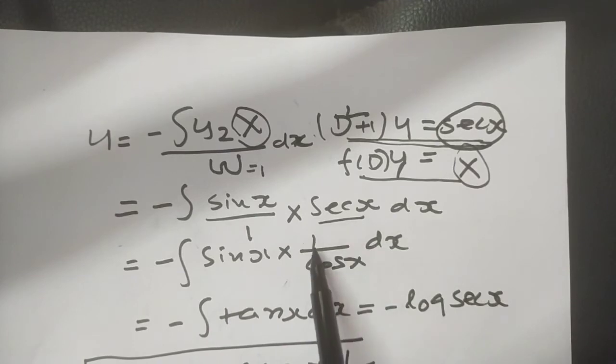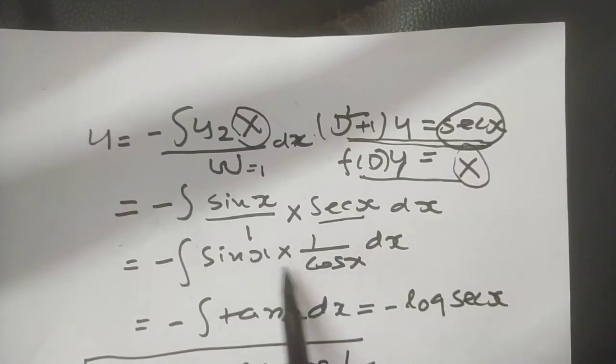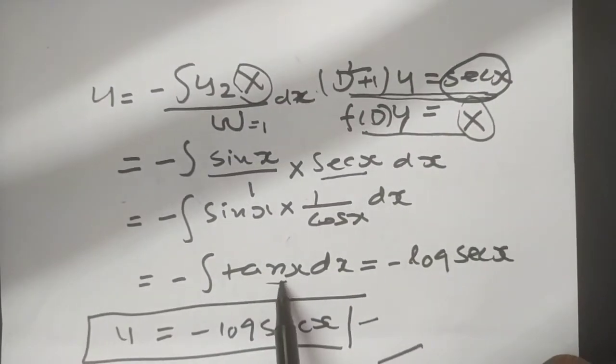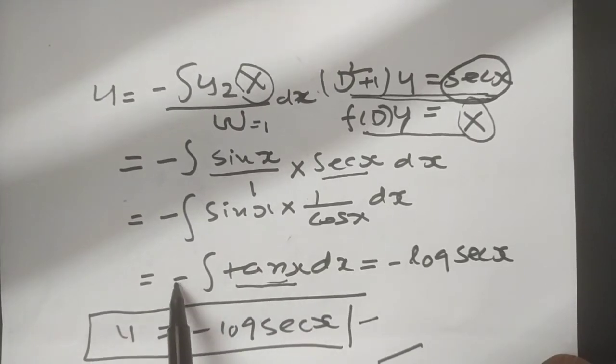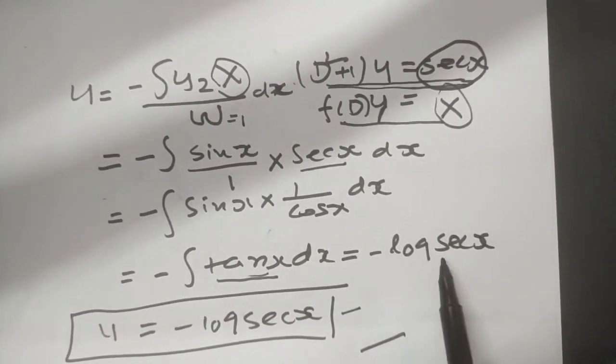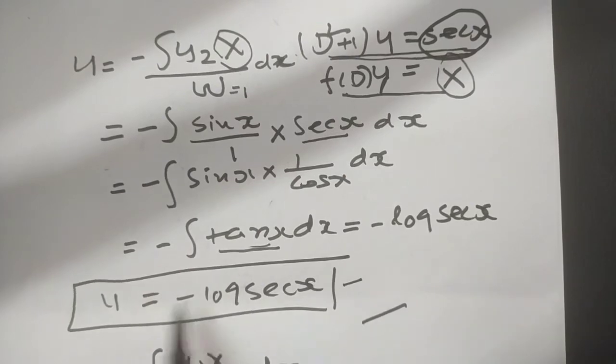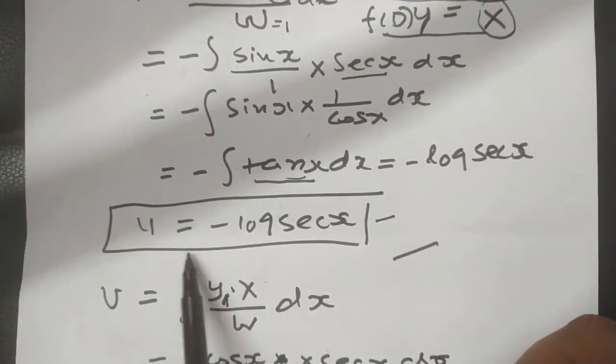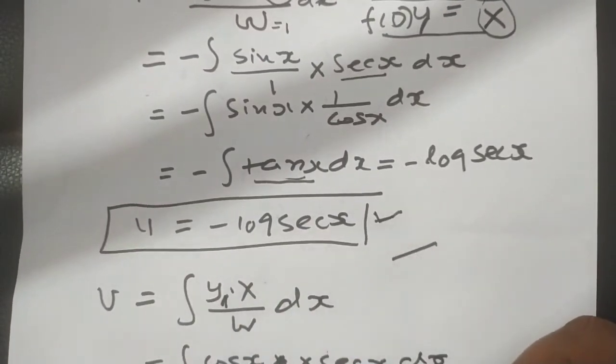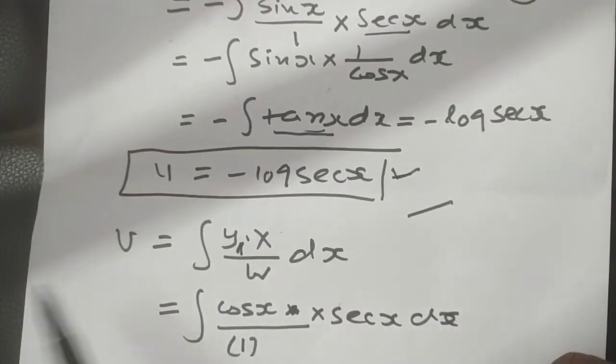Then sec x I can write as 1 upon cos x. So sin x upon cos x is tan x. Then integration of tan x you have to calculate with the minus sign. It is minus log of sec x. So u is equal to minus log of sec x. Very simple.